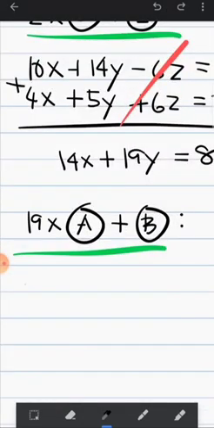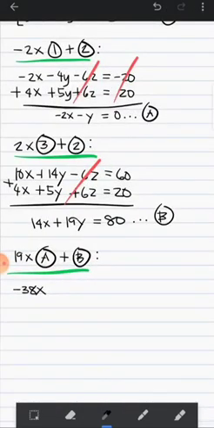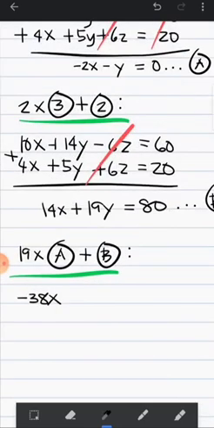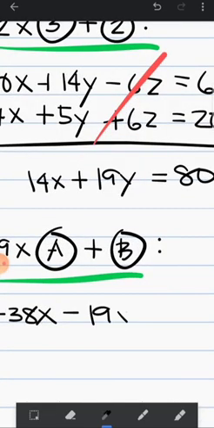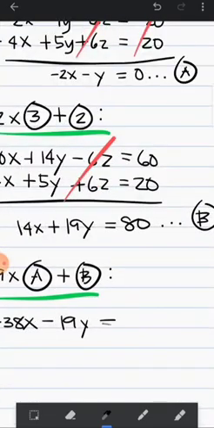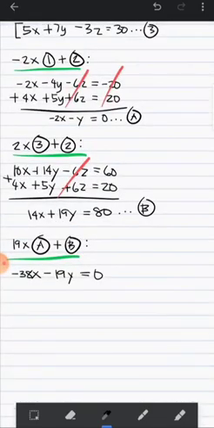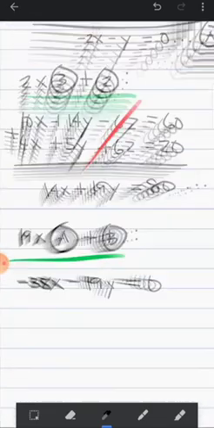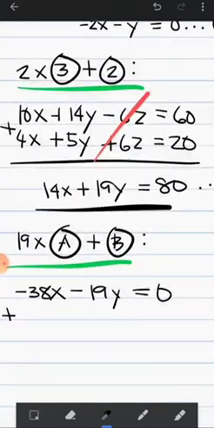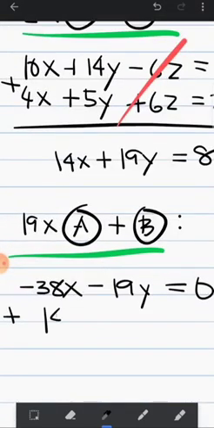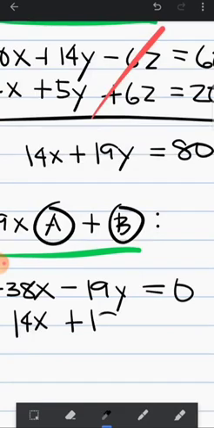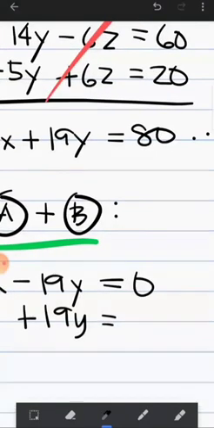So negative 38x. 19 times negative 1 is just negative 19y. And then that's equal to 0 because 19 times 0 is 0. And then plus equation B, 14x plus 19y is equal to 80.